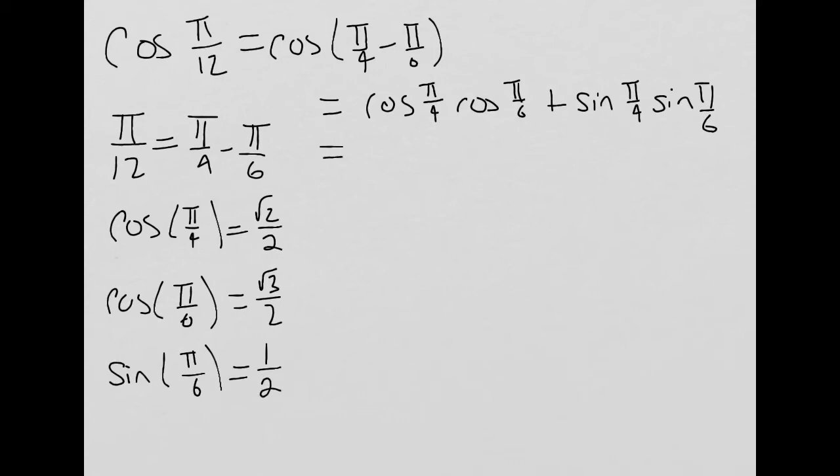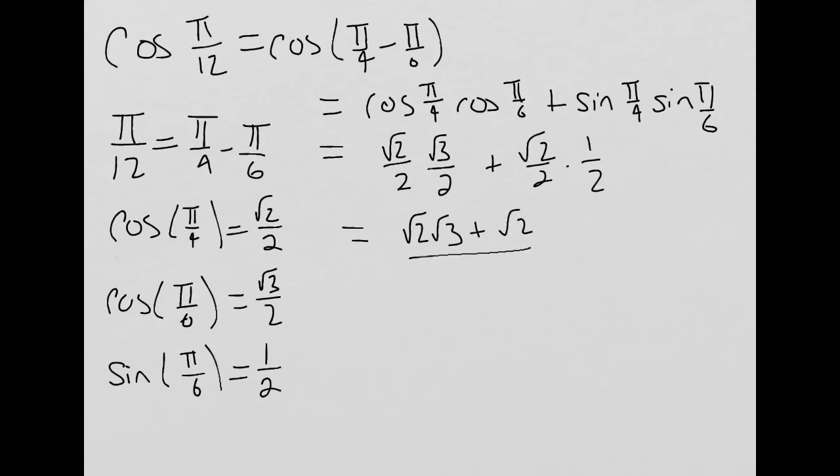So this whole thing ends up being root 2 over 2 times root 3 over 2 plus root 2 over 2 times 1 half: square root of 2 times square root of 3, plus square root of 2, all over 4. Or you could rewrite this as square root of 6 plus the square root of 2, over 4. And then you've got a nice precise answer. No decimal approximations needed, and it comes from this formula for cosine of a sum and difference of angles.